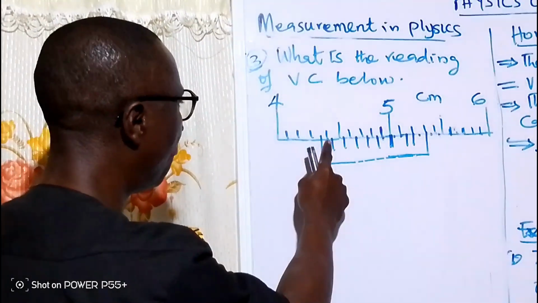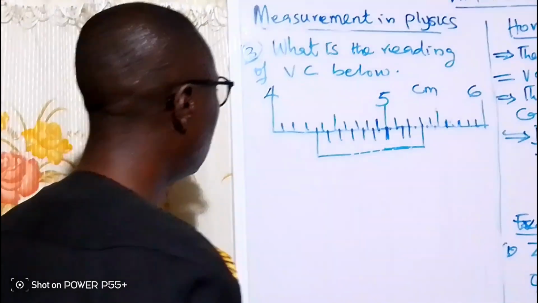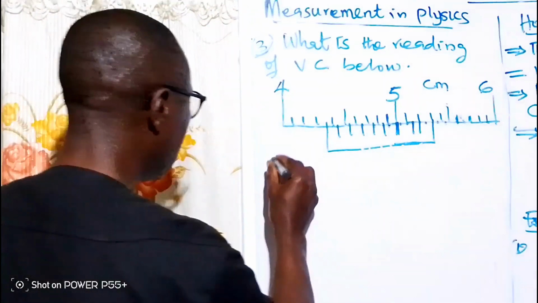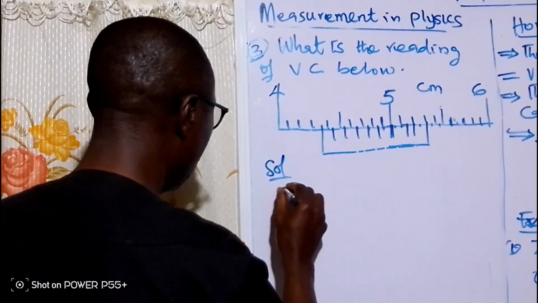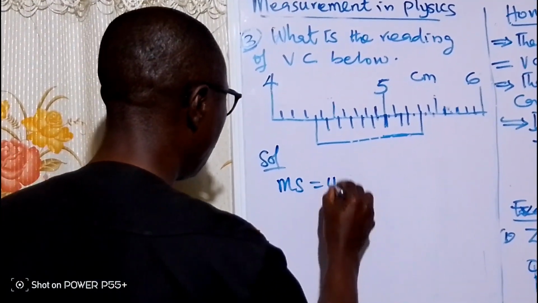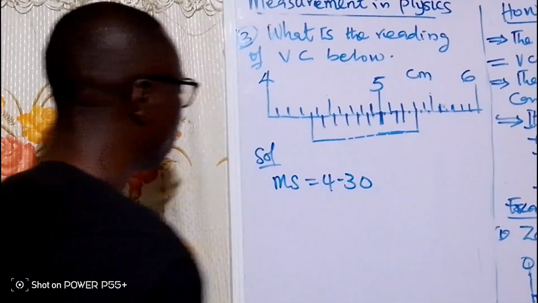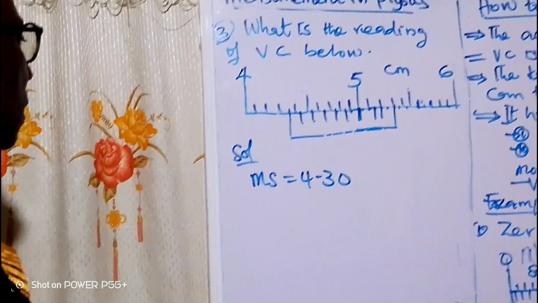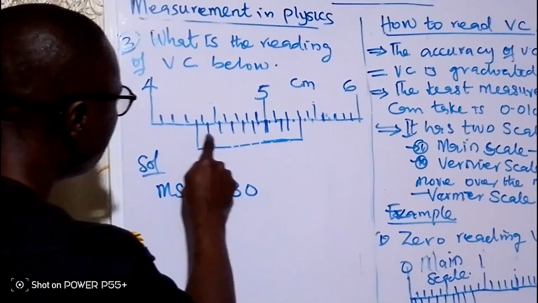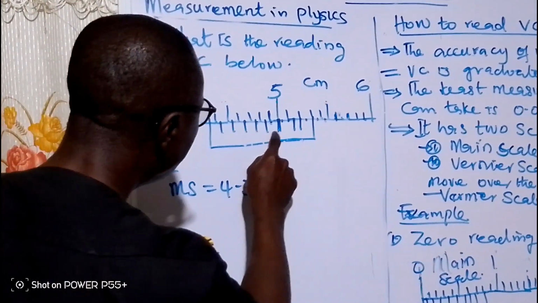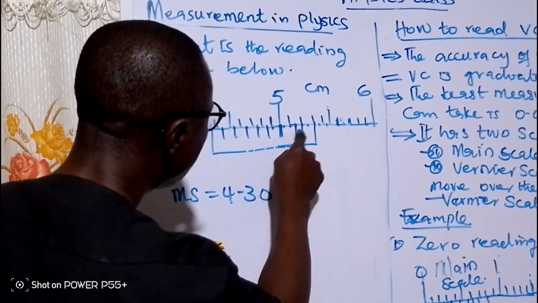It means the zero arm is between 4.3 and 4.4, so main scale will be 4.30. Now to take the vernier scale, the first overlapping is on this, the second one is on this, the third one is on this.